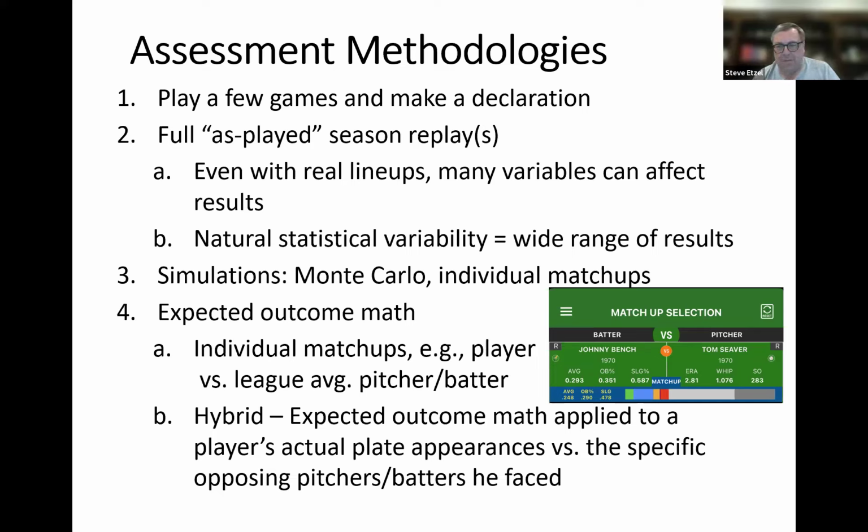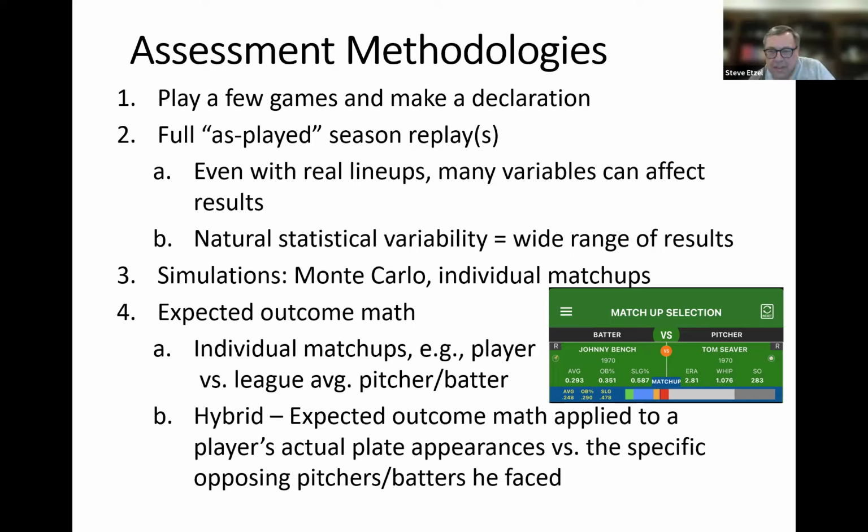You can see the graphic on the right, but I subscribe to the Strat-O-Matic card viewer. The card viewer actually has this matchup methodology built into it where you can match two players against each other.